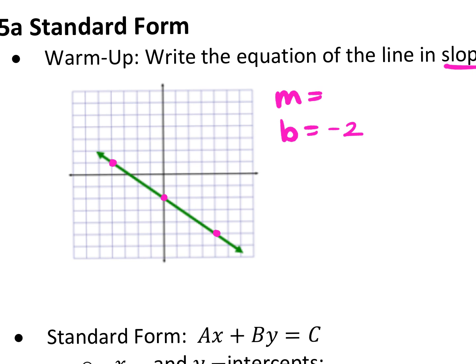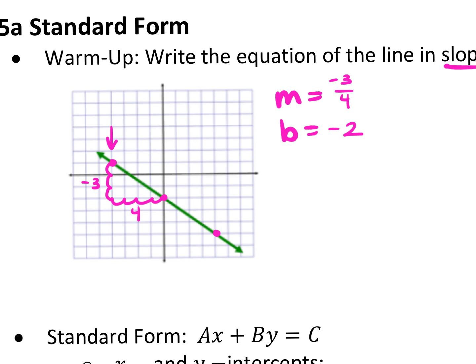So what is your slope here? -3/4. You always start from the left and go to the right. So 1, 2, 3 down, 1, 2, 3, 4 to the right. So your slope is -3/4.